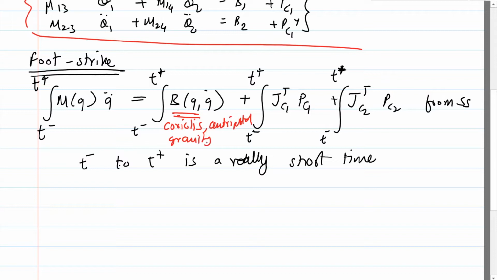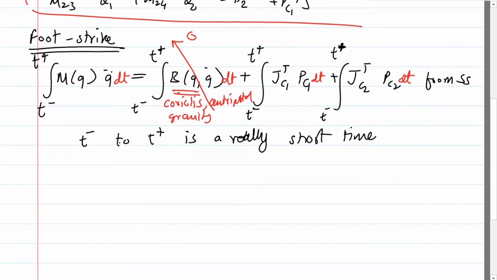When there are impulses, there are large forces acting for a very brief amount of time. When you integrate these terms, I forgot to put the dt, the contribution of the Coriolis, centripetal and gravity terms to the impulse is zero, because those forces are finite and impulses are infinite. So that goes to zero.